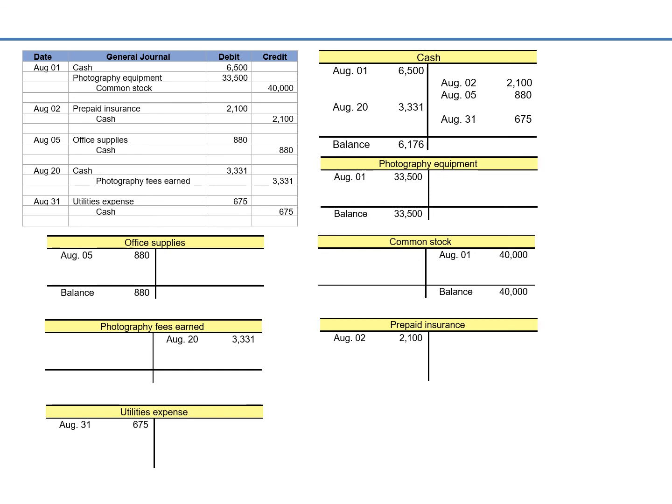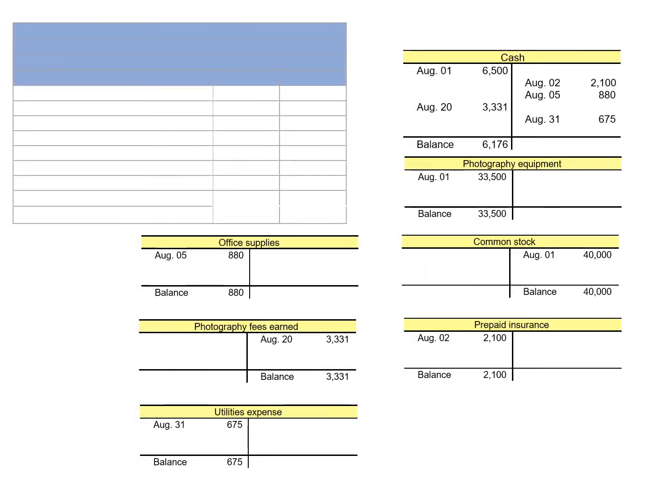Sum up our photography fees earned, gives us a credit balance of $1,331. Sum our prepaid insurance debits, so that leaves us with a debit of $2,100. Utilities expense, sum that up, leaves us a balance of $675, a debit balance or a normal balance.